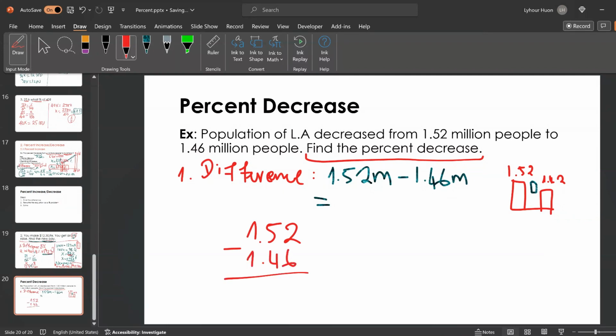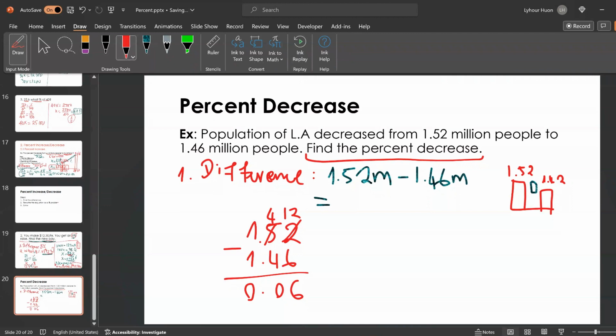Isn't it 1.06? Almost correct. This becomes 12, and 12 minus 6 is 6, correct? This becomes 4, and 4 minus 4 is 0. What about 1 minus 1? Is it 6 million? It's 0.06 million.